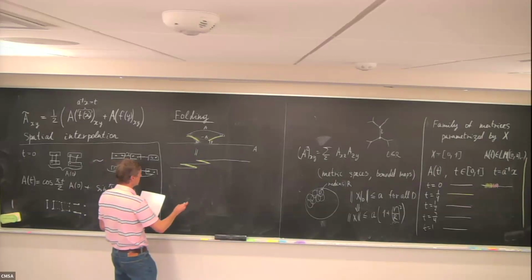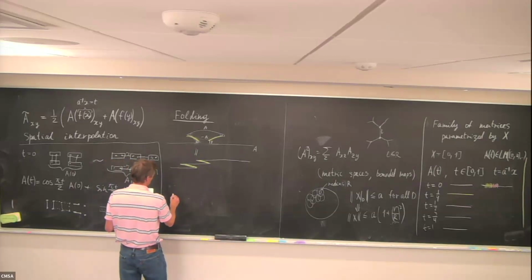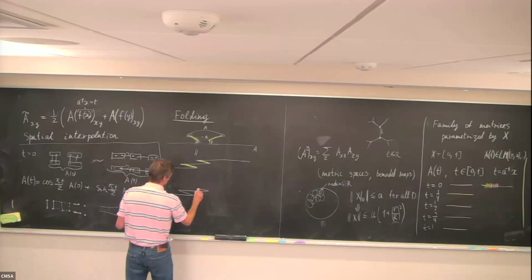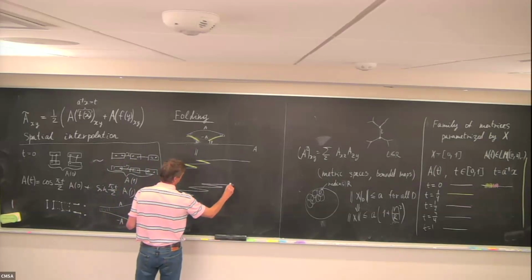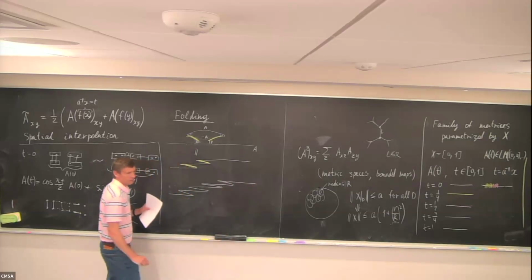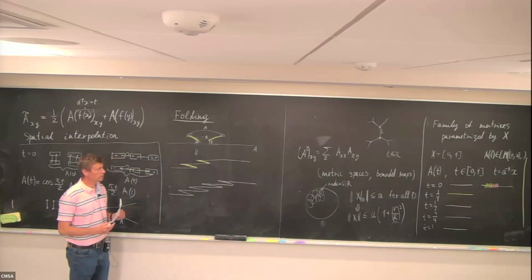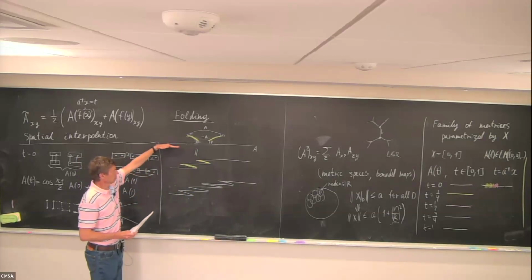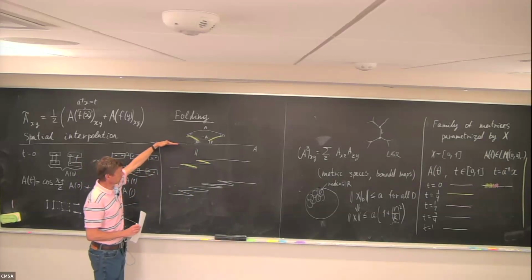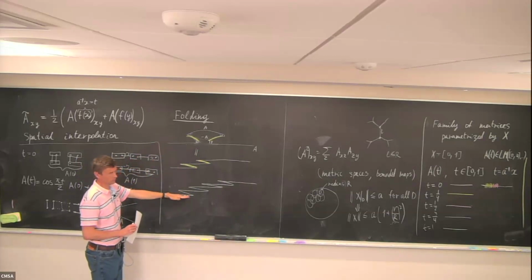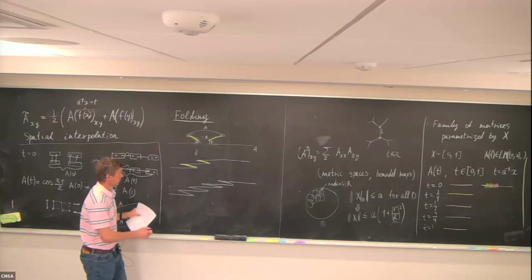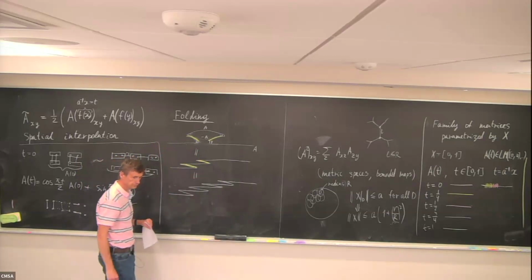Then we can produce any even number of folds by continuously transforming the original matrix A. So we get this matrix. And this is still equal.